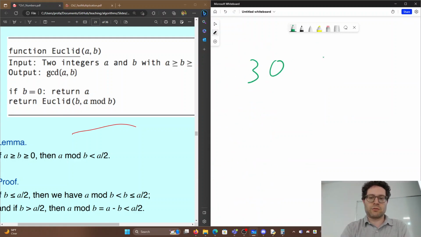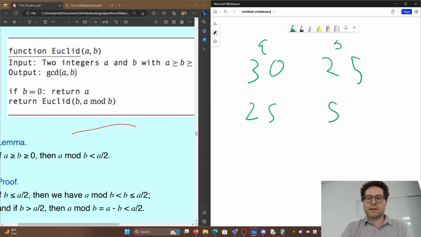30 and 25. We can see what the common denominator is right off the bat, it's 5. Okay, but let's run through this. 30 and 25, so is B 0? No. So we put 25 down here. A mod B is going to be 5.